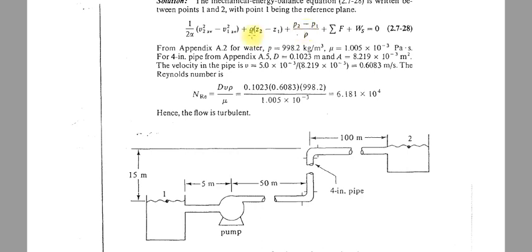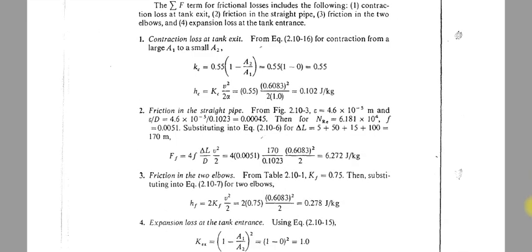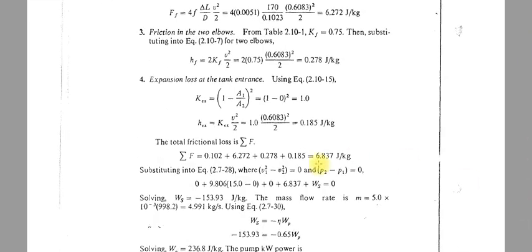Okay, so you have only the three terms: g times z2 minus z1. So z2 minus z1 is given as 15. So 15 multiplied by 9.8. This is the g(z2 minus z1), which will come as 15 multiplied by 9.8. Then you have the sigma f. We have just calculated the sigma f here, plus ws. So sigma f equal to 6.837, plus ws equal to 0.